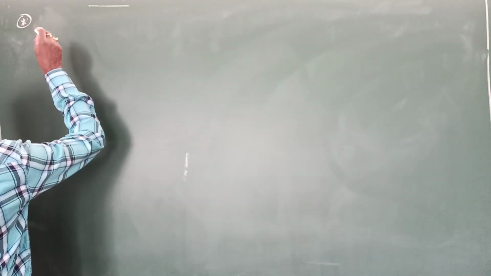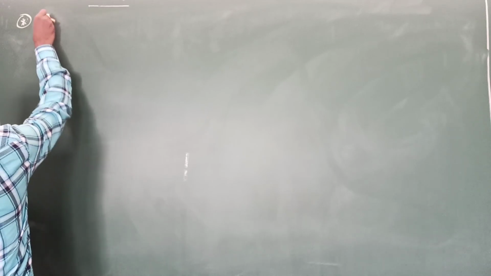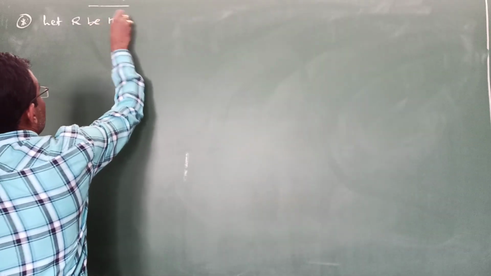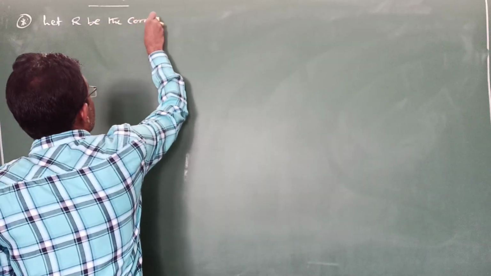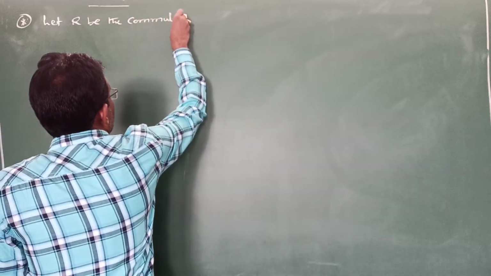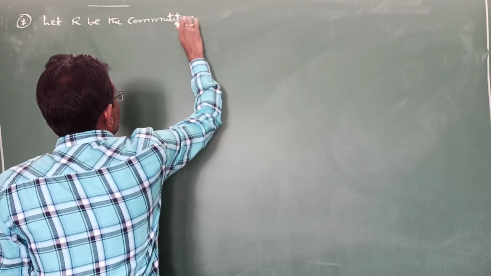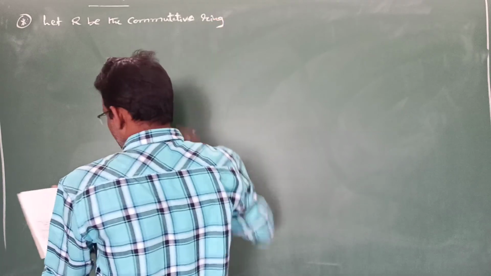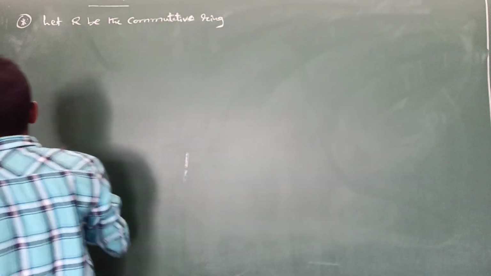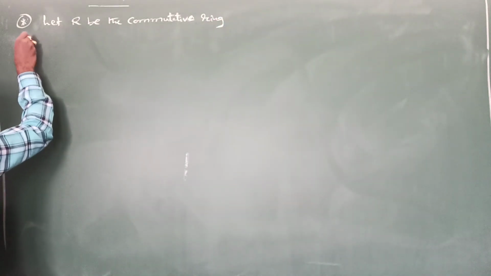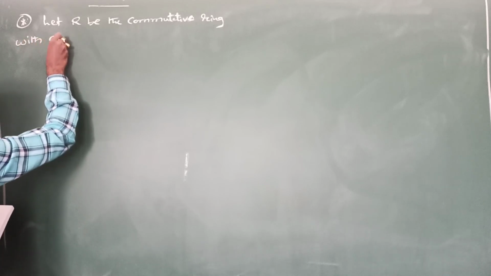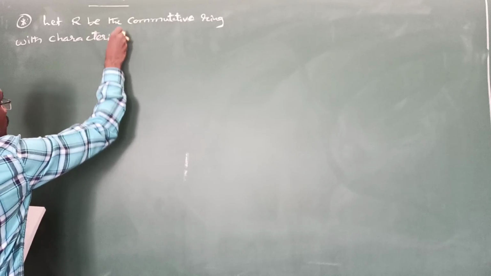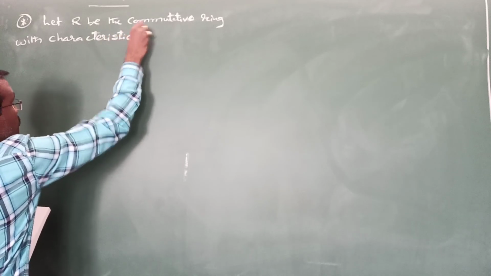Let R be a commutative ring with characteristic 2. The characteristic of the ring is 2.